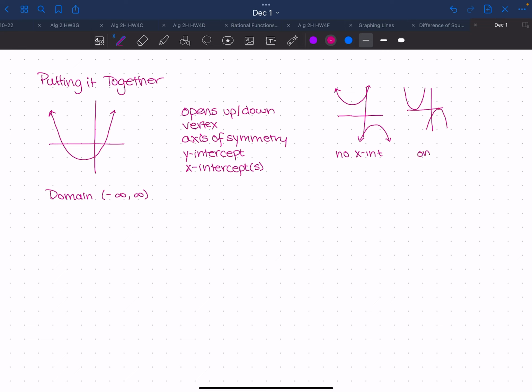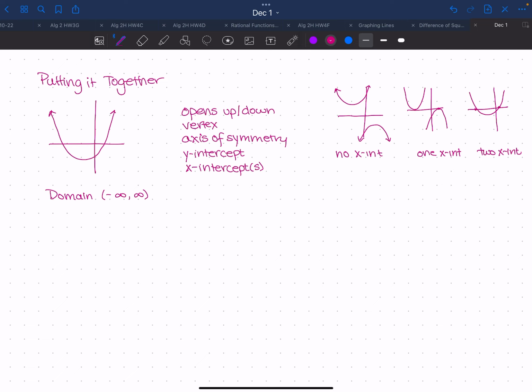Then you have one x-intercept. Or maybe it actually does cross twice, and then you have two x-intercepts. So these are the possibilities for the x-intercepts. Just keep that in mind when we go through this.